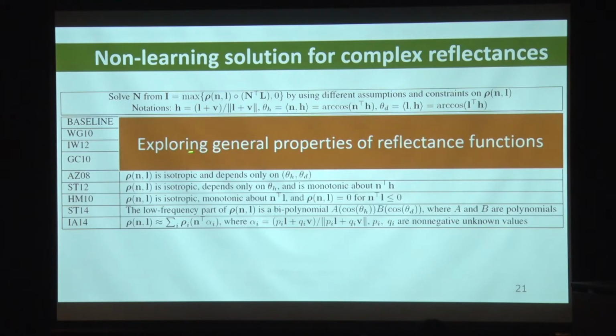Or we can explore some general properties of the reflectance functions, like the isotropy, monotonicity, or some low frequency properties. Because we are only interested in how to estimate the surface normal n instead of realistic rendering. And along this way, these are all the non-learning, non-data-driven approaches.